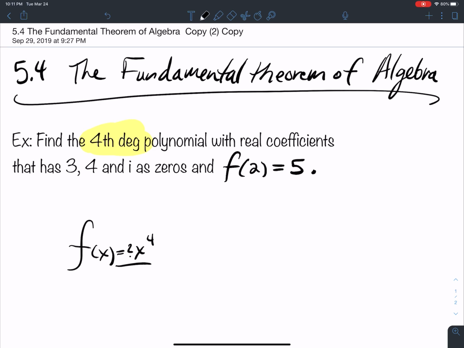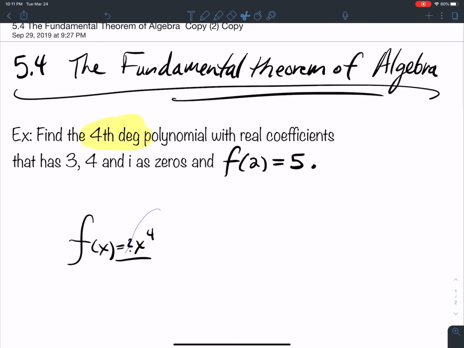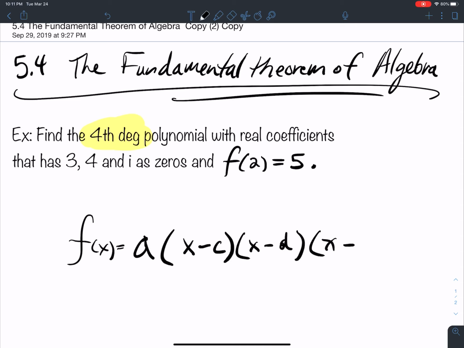Now, the fundamental theorem of algebra tells us that every f of x that we can think of can be written in a form where I have some number multiplied by x minus some factor, x minus some other factor, x minus some other number, and I just keep going, as many as I need.